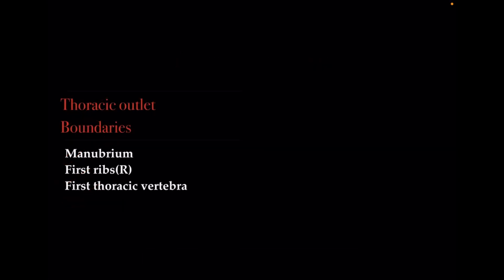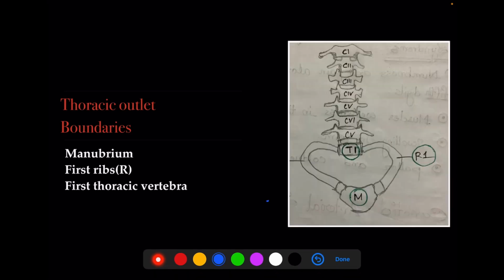Now coming to our last part, that is on the thoracic outlet. Let's talk about its boundaries. First one is the manubrium. We'll look at the picture so that you can understand. This one is the manubrium. I am using blue color for the manubrium. And second one is the first rib, which is present on both sides, so it's bilateral.